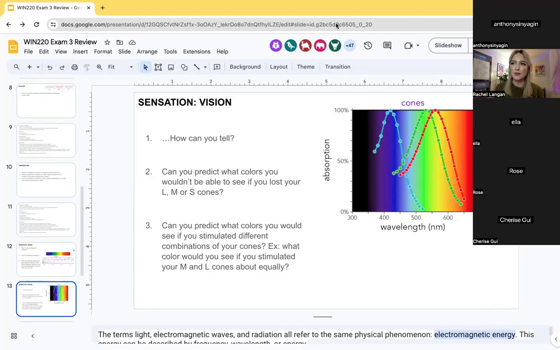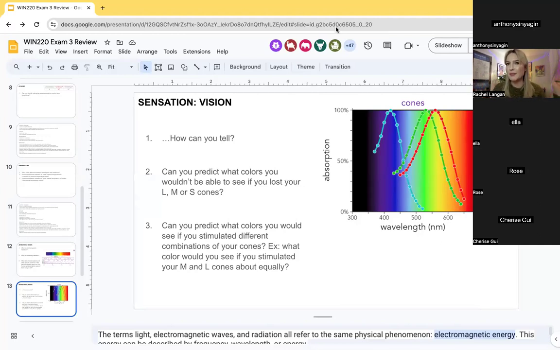But you can imagine rods, if one photon comes in, they close like 300 channels. And then if two photons come in, they close like 1,000 channels. And then if they only have 1,000 channels, they can't sense any more light past that point. So they're very sensitive, but they go offline pretty fast.